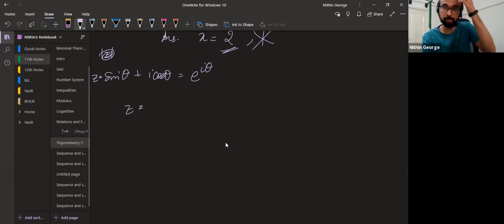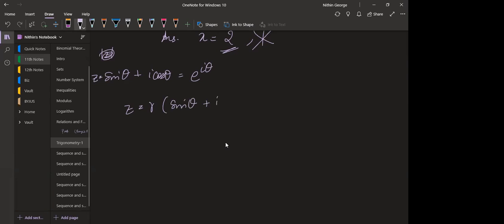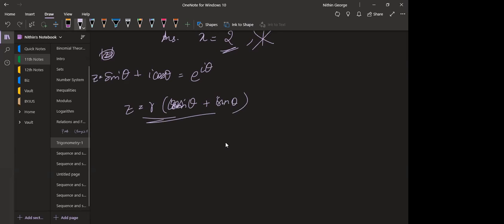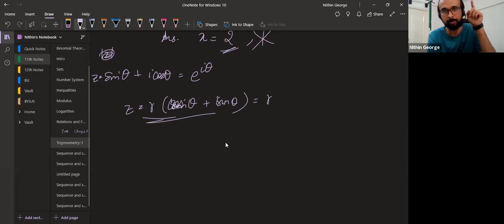Any complex number z can be written as r into cos theta plus i sin theta. This is the polar form, and after that comes Euler's form, r into e power i theta. So e power i theta is cos theta plus i sin theta.